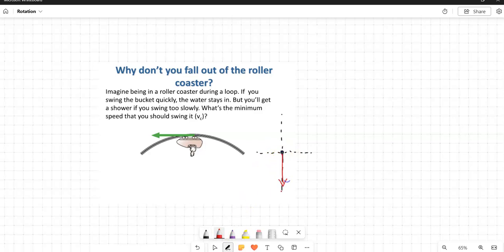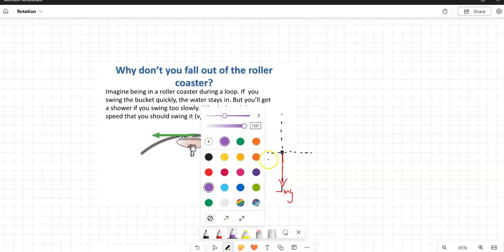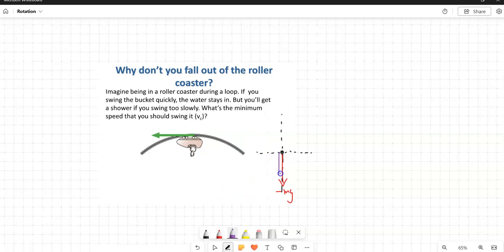Your mg is going to be pointing in the negative y direction. But now the normal force is also going to be pointing in the negative y direction. And you're going to be accelerating in the negative y direction. So everything is going in the negative y direction.